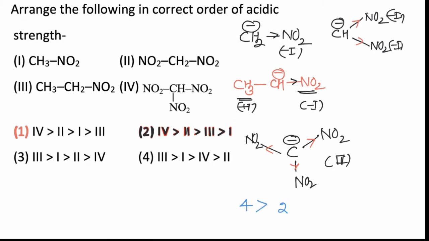Then 2 is stabilized by 2 NO2 groups. Then 1 and 3 are least stable because they are stabilized by 1 minus I and destabilized by 1 plus I, and hence the correct answer is 1. So 1 is the correct answer.